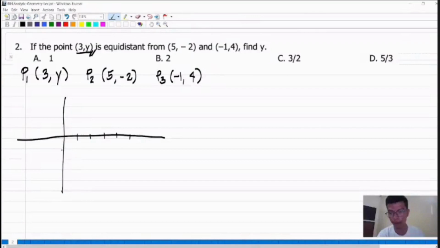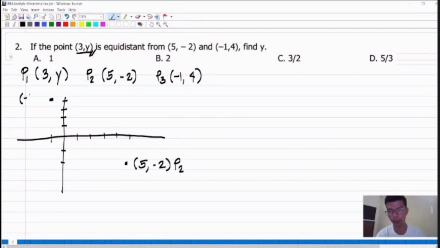So this is the point number 2, 5, negative 2. And our point number 3, negative 1 ang x-coordinate, and then positive 4 naman ang y-coordinate. So this is negative 1 and positive 4 para sa ating point number 3.